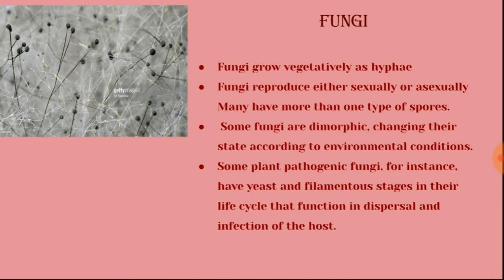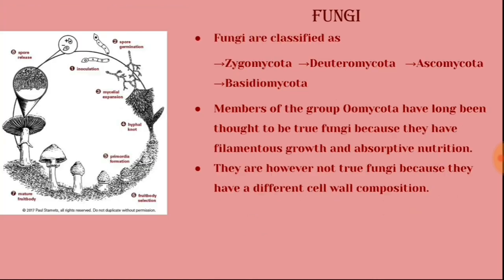Some plant pathogenic fungi, for instance, have yeast and filamentous stages in the life cycle that function in dispersal and infection of the host. So fungi can be classified as zygomycota, deuteromycota, ascomycota, and basidiomycota. So these are the different classifications under fungi.